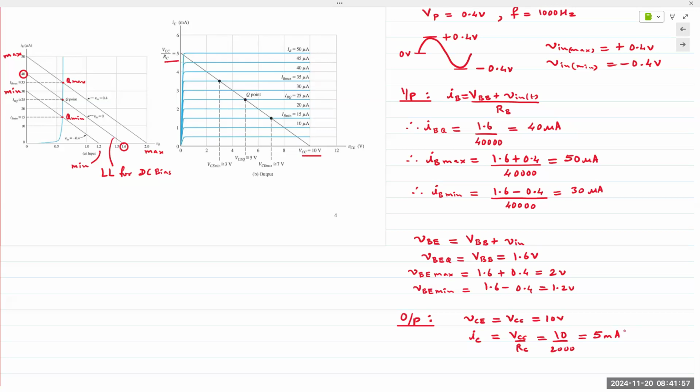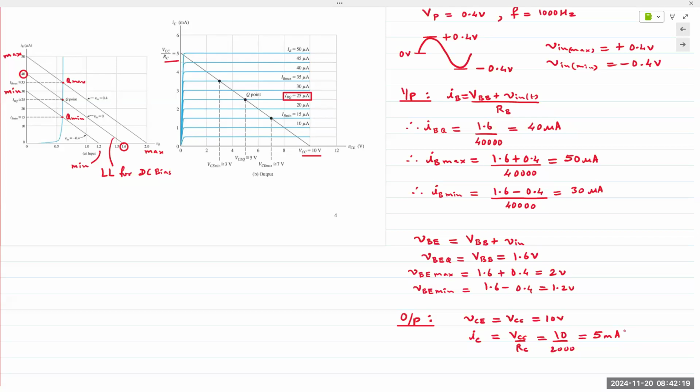Okay. Now, there is no Q point on the output. Output does not have those Q points, right? We want to translate the input. We want to transfer the input to the output. So what are we going to do? We are going to find the Q point on the output characteristics, which is right here, 25 microamps.